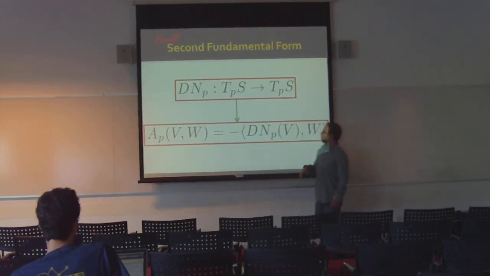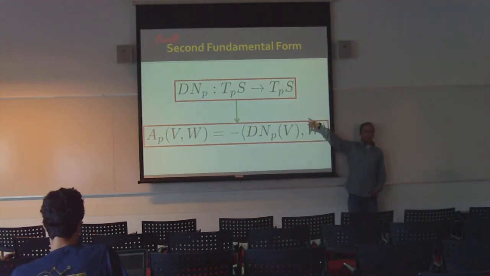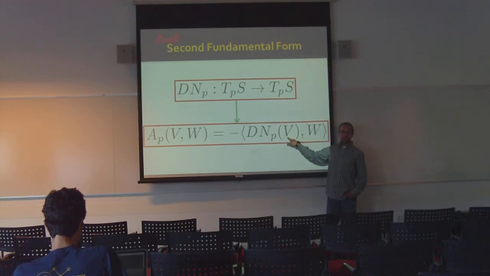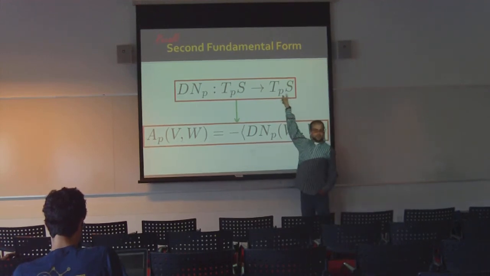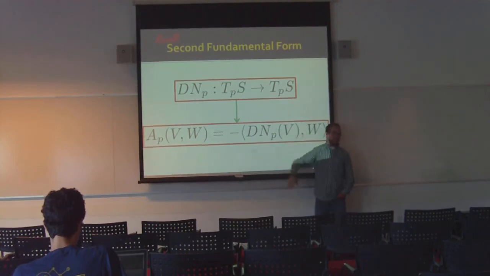One way to express this derivative dN is to take the derivative dN in the direction v. And then remember that I told you I only really care about the components of the derivative that are tangent to the surface.